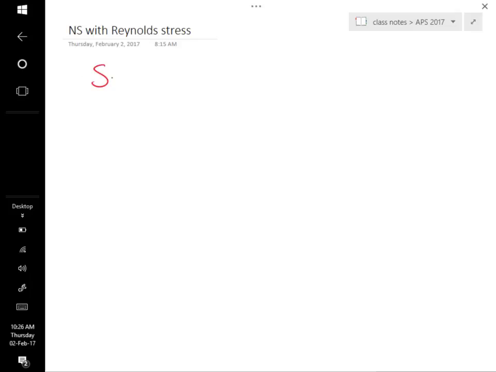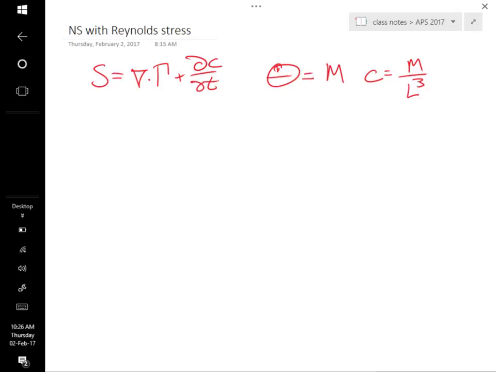If we start off with just our basic conservation equation, and we do conservation of mass, then cap theta is mass, so C is mass per volume, and that's equal to the density in the flow. Okay, so this is conserved mass.